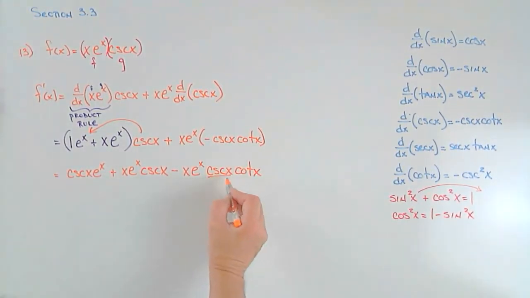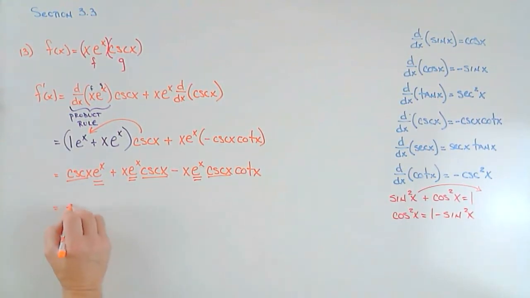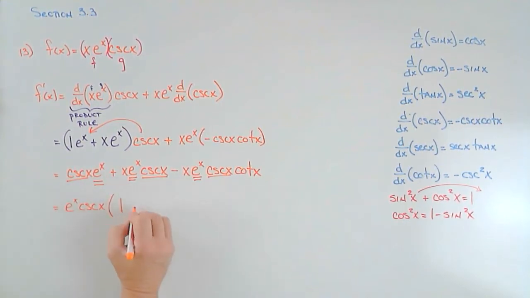Now, what can we factor out? There's a cosecant here, there's a cosecant here, there's a cosecant here. We can factor those out. There's an e to the x, there's an e to the x, there's an e to the x. We can factor those out. So we can take out our common factors. So we get e to the x cosecant x. Here, that leaves us a 1. Here, that leaves us x.